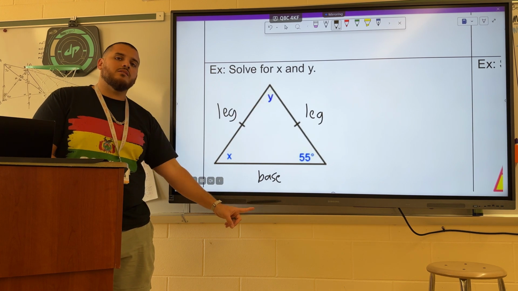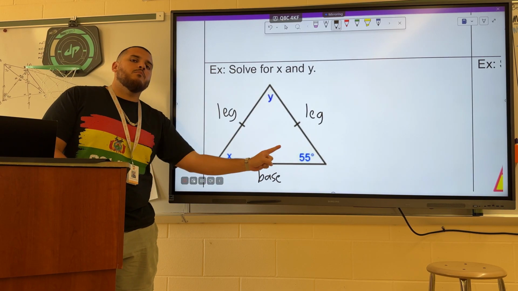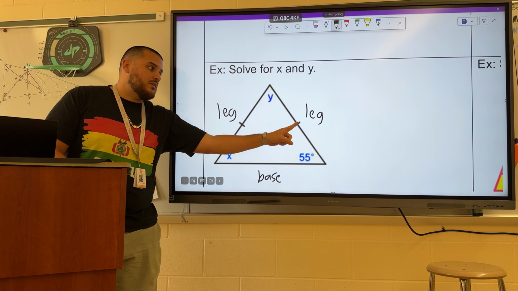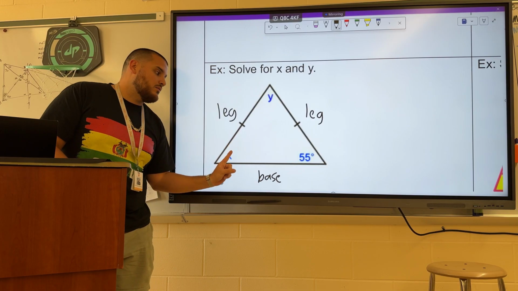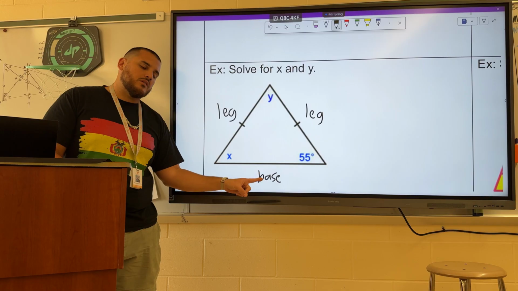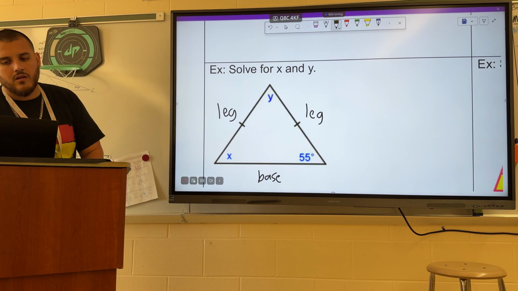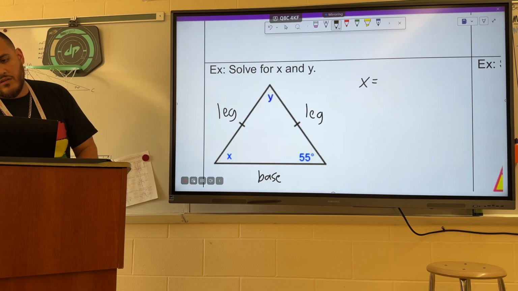So that y doesn't touch this side down here. It's not adjacent to it. It's these two angles that are my base angles. Remember, we always have two congruent sides of the isosceles along with two congruent angles, which are always those angles that include the base down here. So if that's 55 degrees, this angle must also be 55 degrees. So x is 55, right?